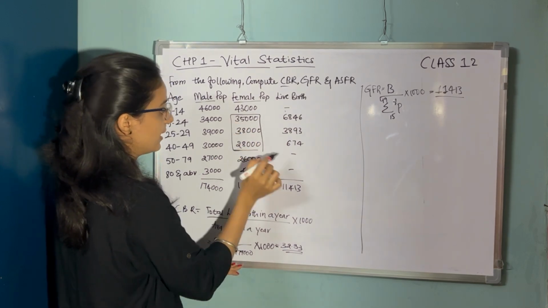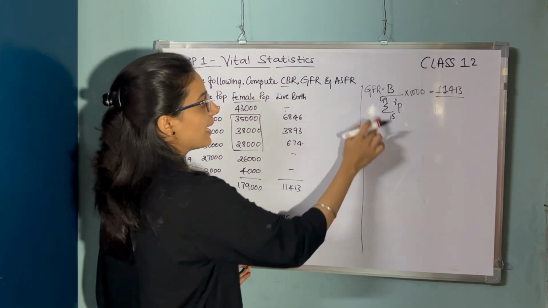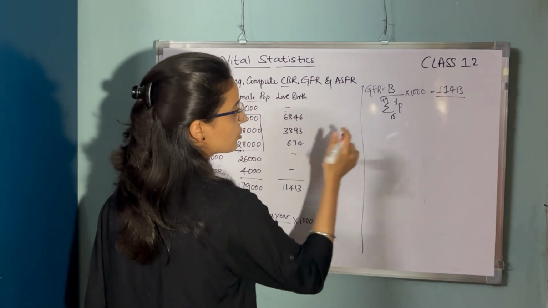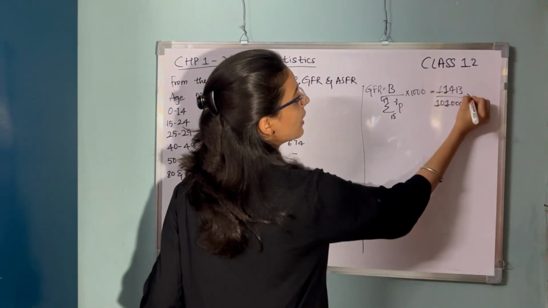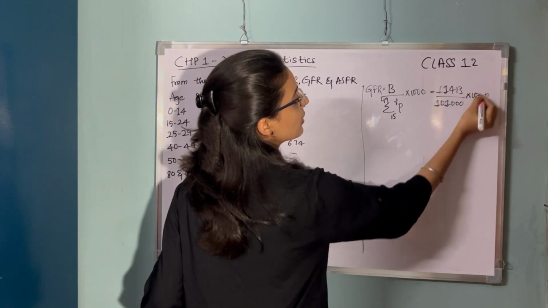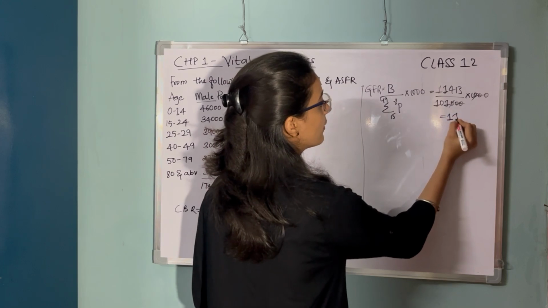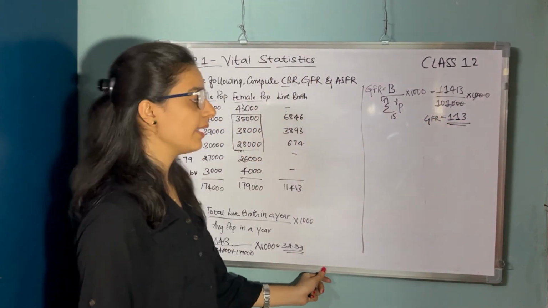Only these 3 pieces of information must be taken because of female population of childbearing age. So 35 plus 38 plus 28, so total is 1,01,000 into 1000. Here again the total is 113. So GFR is 113, right?